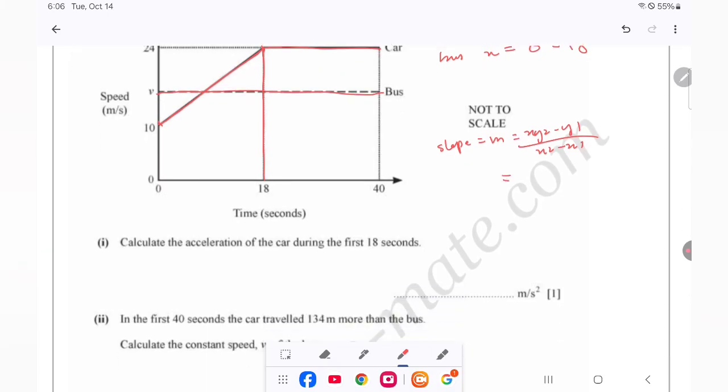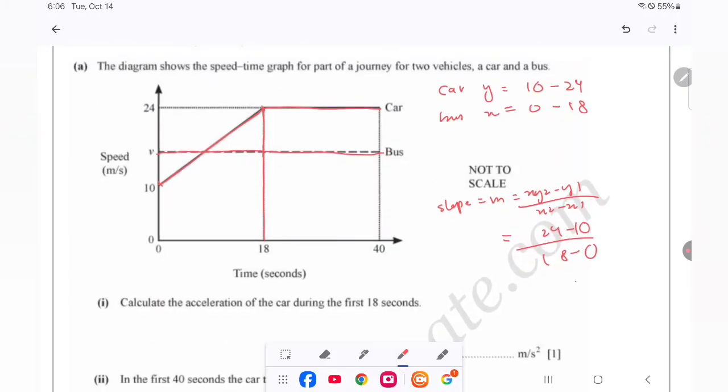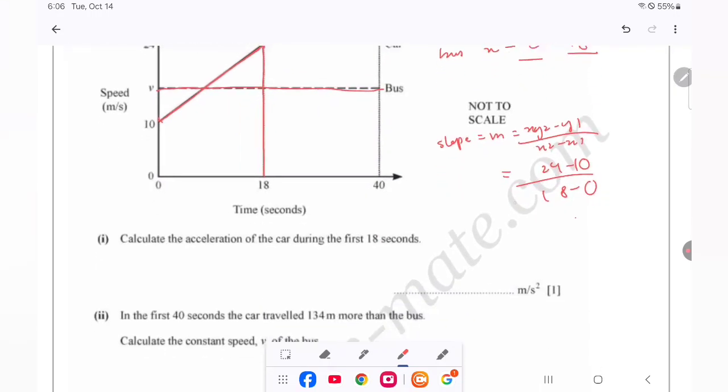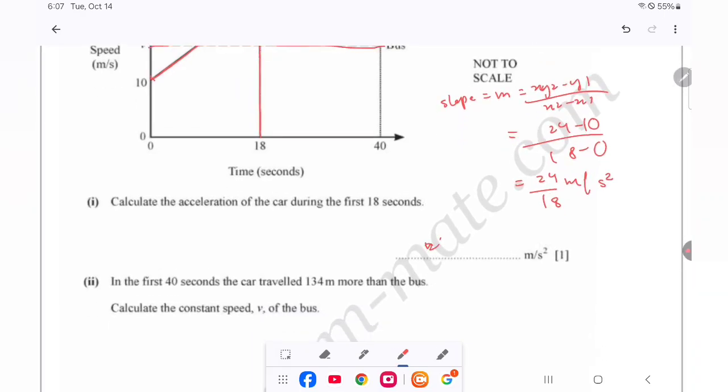Put the values: 24 minus 10 over 18 minus 0. It will give you the value of 24 over 18 meter per second square. That is the acceleration.